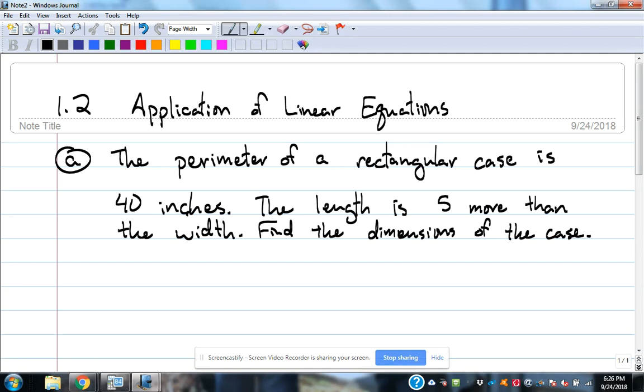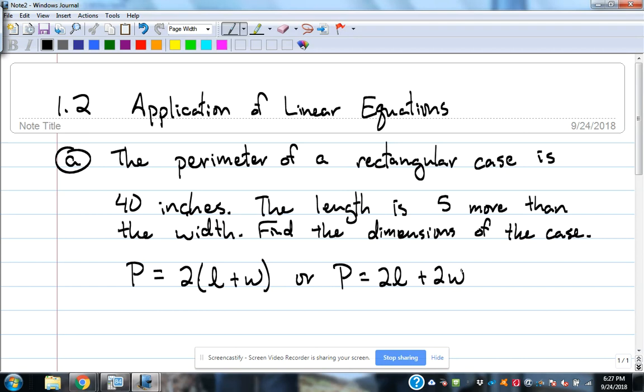So it says perimeter. Anytime I see perimeter of something that's a rectangle, I automatically think this formula. Or this one. I'll be honest, I think this one first. It's already distributed. I like that. Okay.